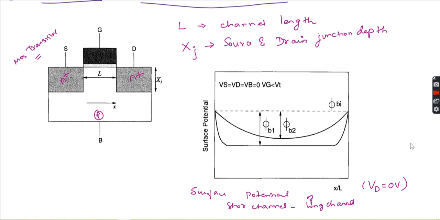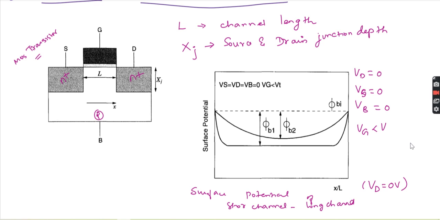The drain, source and body voltages are all 0.